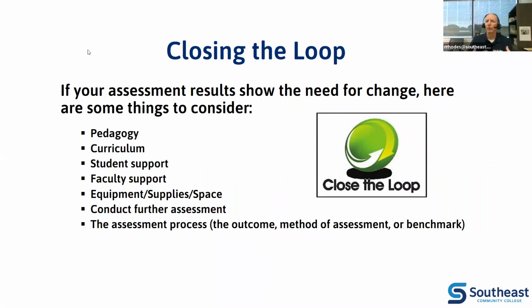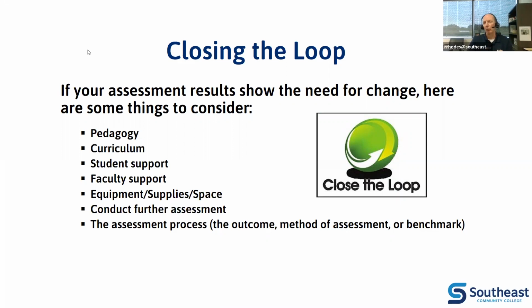So when you close the loop, what are you doing to help improve the student learning? And maybe it is just, you know what, this year the results were not good, but we thought we did everything right. We don't see anything we could change. Let's just conduct some further assessment. Let's assess that outcome again and see maybe if that group was, sometimes just a not very good group. They didn't go to class or whatever.